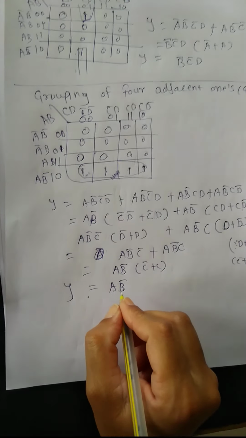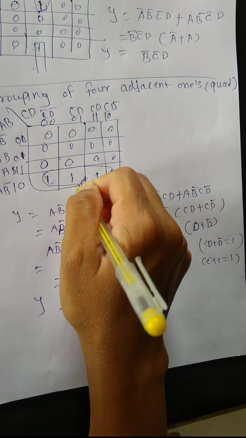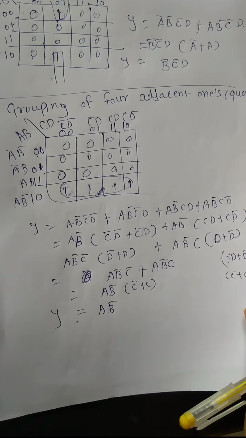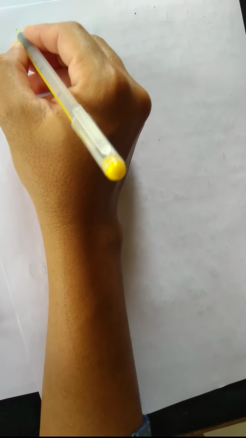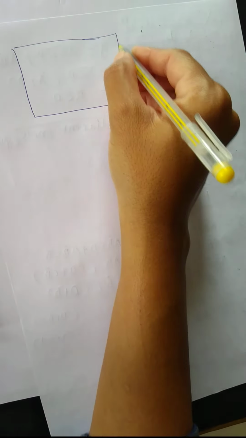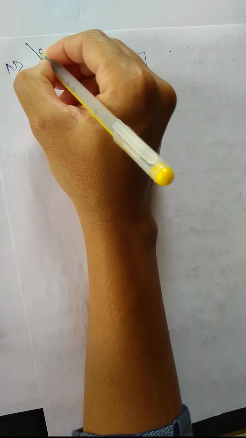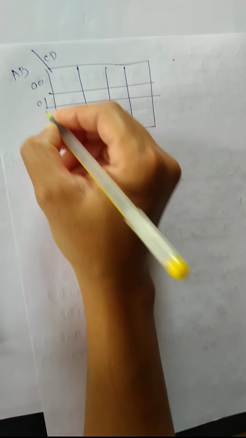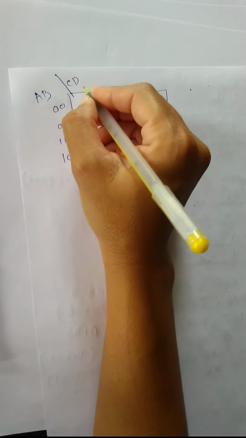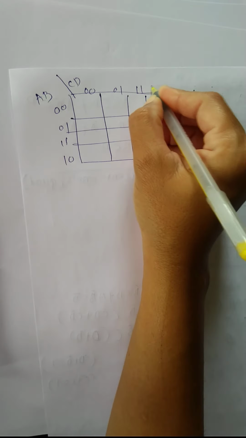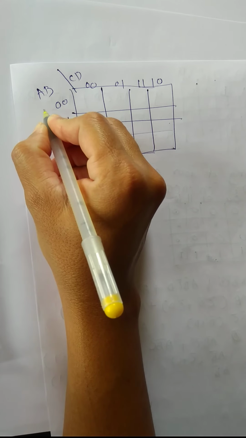This is the Boolean expression you have to solve from the K-map. Next, take one example. If the number of ones is 4, that is called a quad. So here are A B and C D: 0 0, 0 1, 1 1, 1 0 for both.